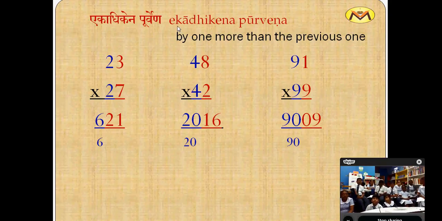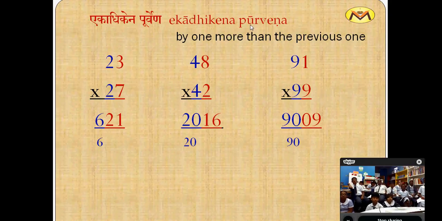Okay, so this is something called transliteration, not translation. So this is A-E-K-A, and when there is a line on top of A, it is a long A. It's called Eka. Eka dhi ke na.